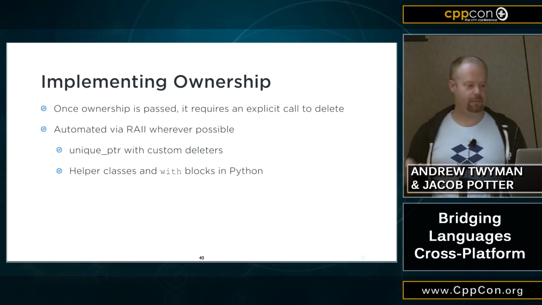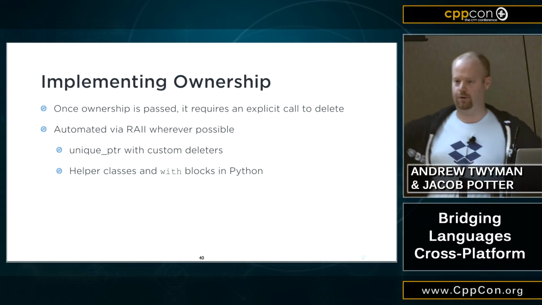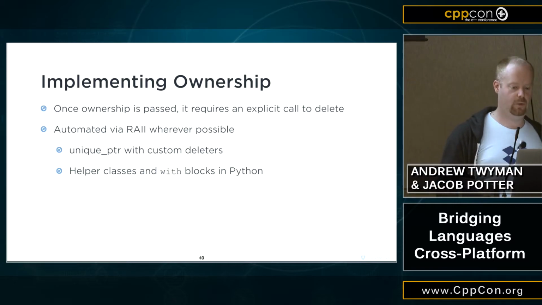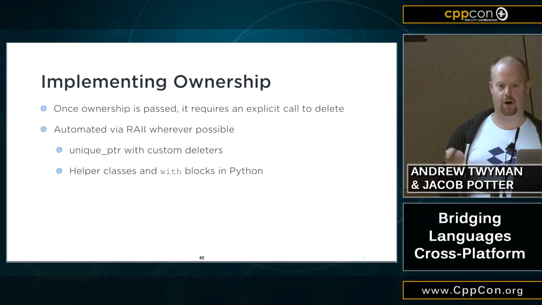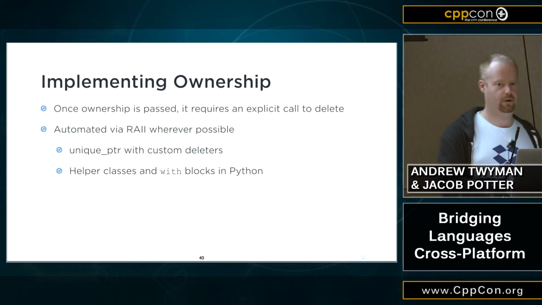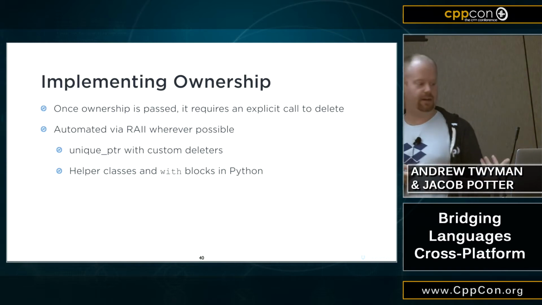So how do we actually implement this ownership? Once it's passed across the boundary, there has to be an explicit call to delete, which goes back across the boundary in whichever direction. Wherever possible, we want to automate this with RAII. In C++, it's really RAII, and we use unique pointers with a custom deleter that will call back into Python when the object is deleted.